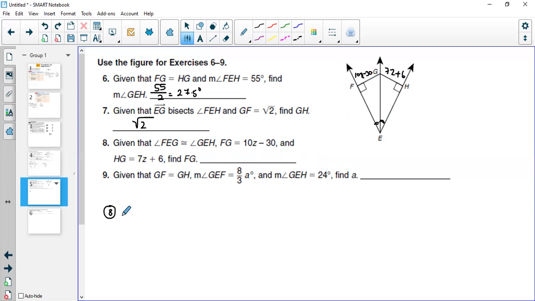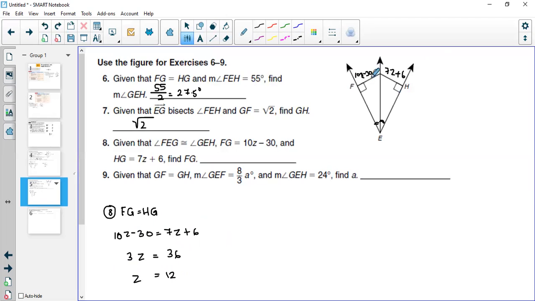So we could say FG is equal to HG, which means if I substitute, I'm going to write the values there. 10Z minus 30 is equal to 7Z plus 6. So you just need to simplify them. 10Z minus 7Z is going to give you 3Z equals 6 plus 30, which is 36. So the value of Z is going to be 12.